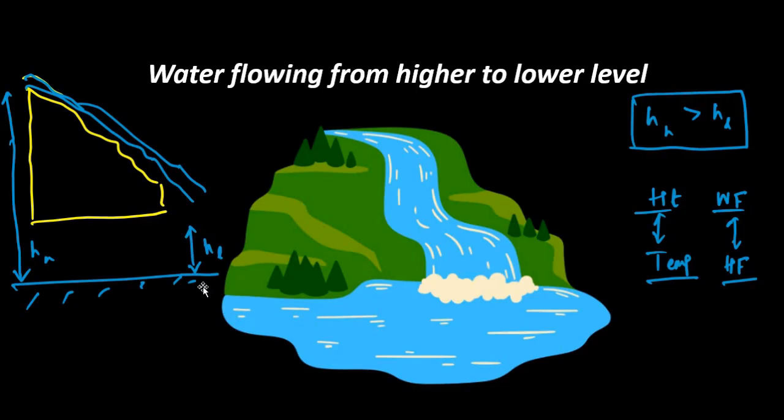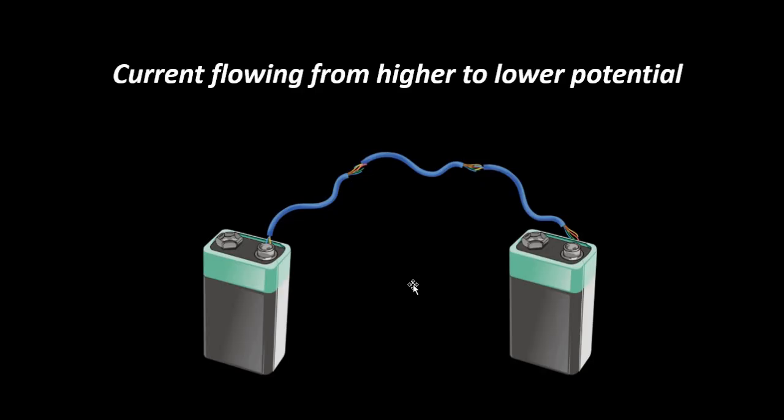Now, using an electrical analogy, current always flows from a higher potential to a lower potential. Let's say this cell has a voltage of VH, and this cell has a voltage of VL. Current will obviously flow from VH to VL because VH is greater than VL.